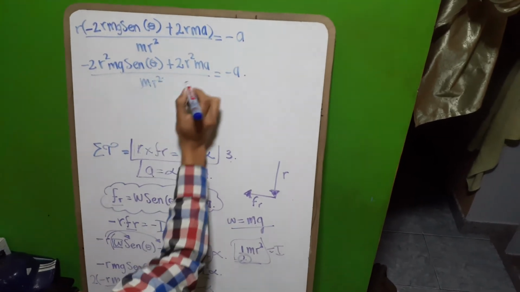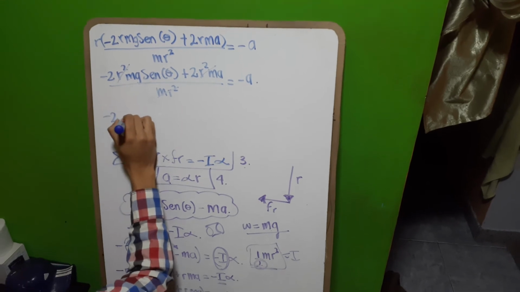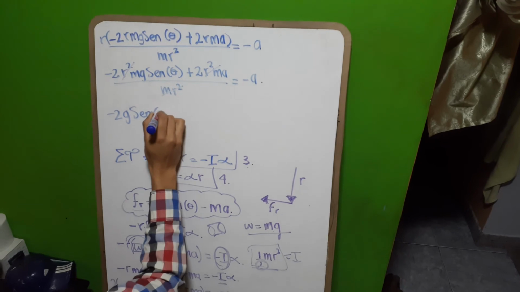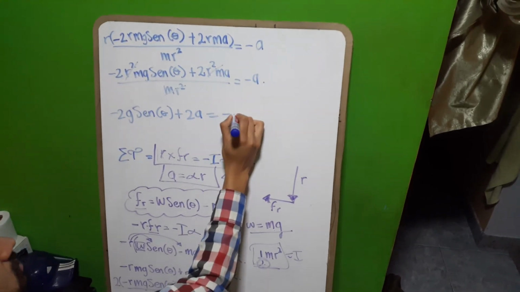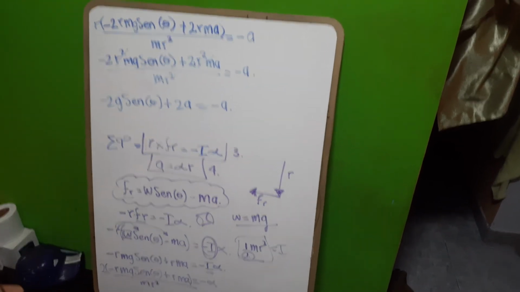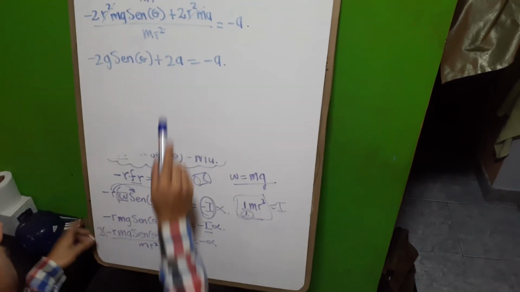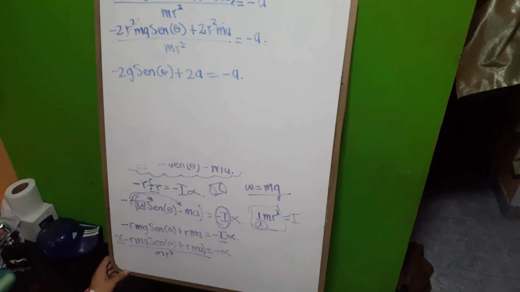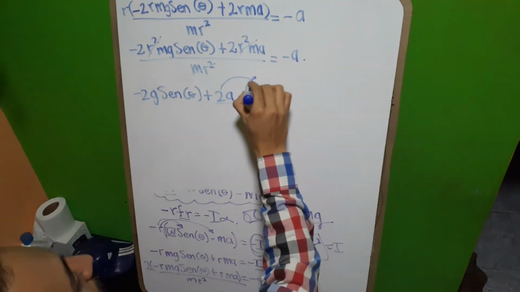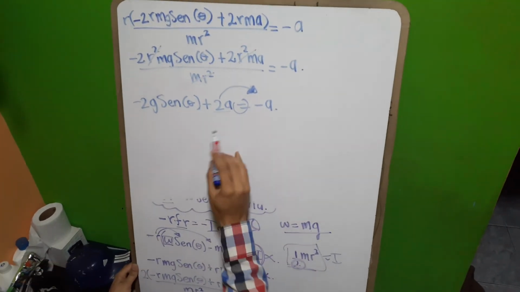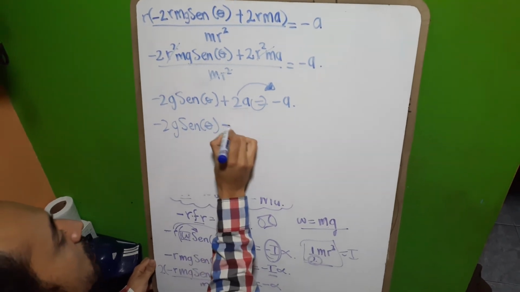Okay, m r squared cancels, so 2g sin theta plus 2a minus a. This term passes to the other side of the equality: positive passes as negative. This is negative 2g sin theta equals.